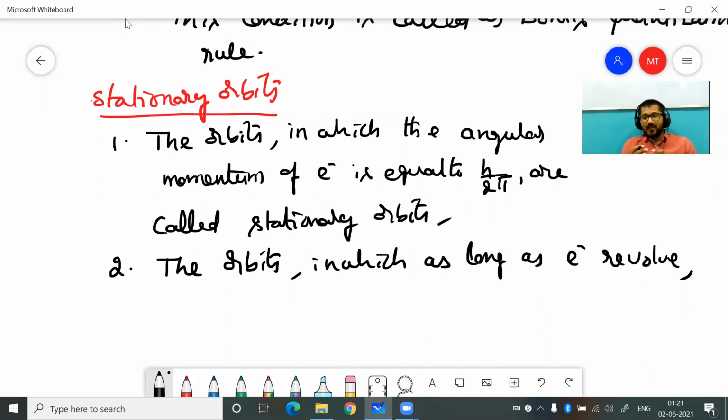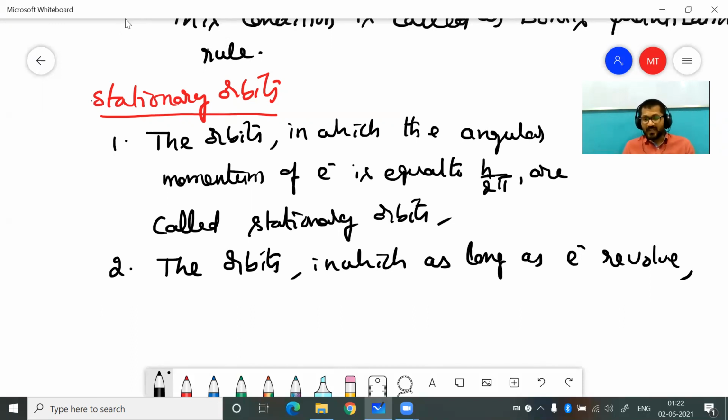That means the electrons will radiate or absorb energy only when they move out of a given orbit, that is, when they jump from a given orbit to a higher or lower orbit. Only then will energy emission or absorption take place. If an electron is revolving in a particular allowed orbit called a stationary orbit, the electron will never radiate or absorb energy.